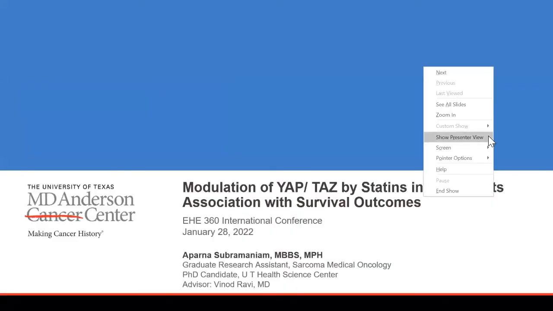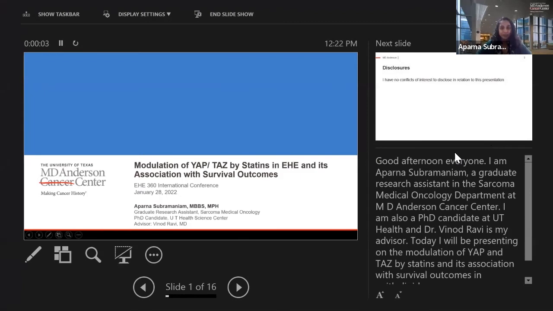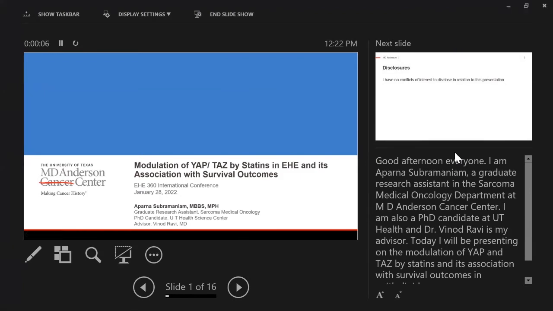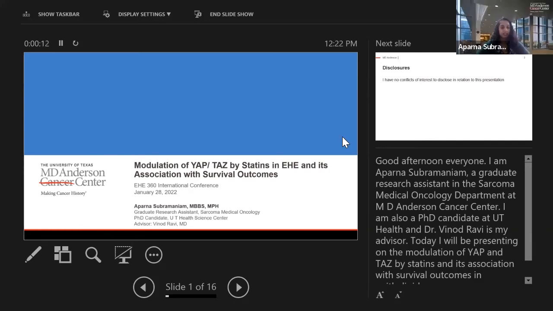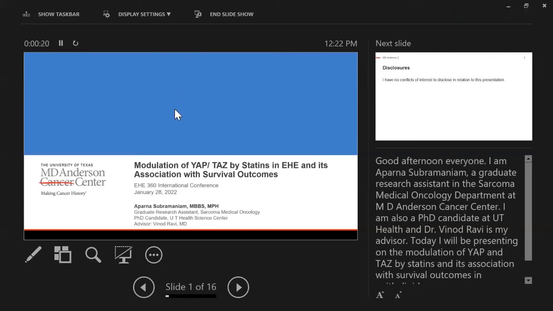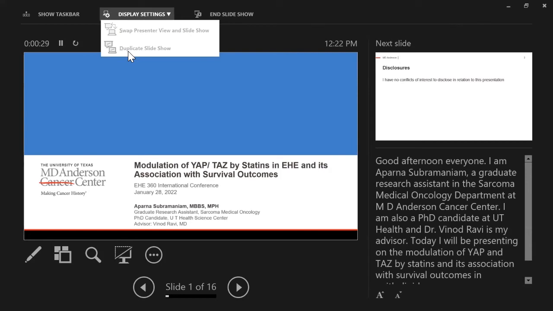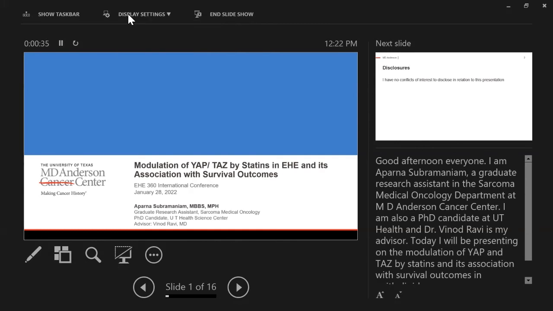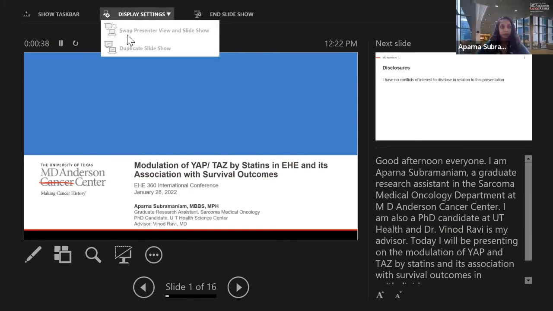Hi, can you hear me? You're coming through good. You just switched to presenter mode, though. The previous mode would probably be the better way to view it. I think you can do that from the display settings on the top center. Click on that, and there should be a swap to presenter view, the top option. Yeah, it would not let me do that.